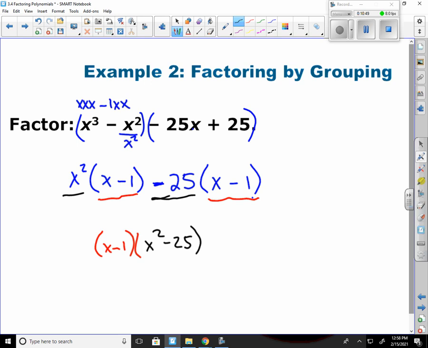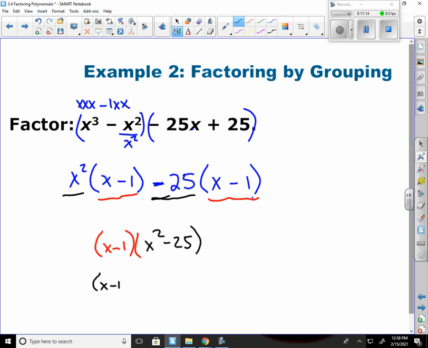Now, I wish that this was in factored form entirely, but unfortunately it is not, because we can still factor x squared minus 25. So I need to know what would multiply to give me negative 25 and add to 0. The reason it needs to be 0 is because there's no x term in the middle here.